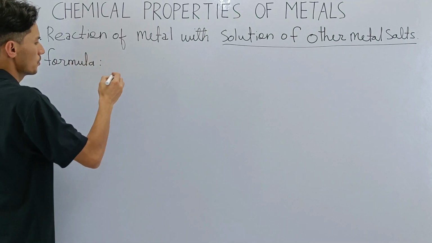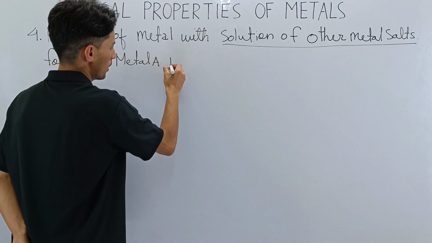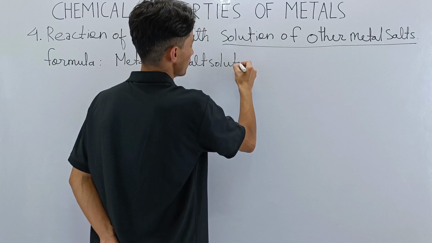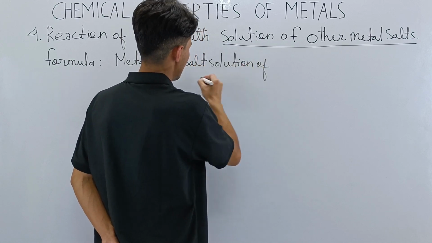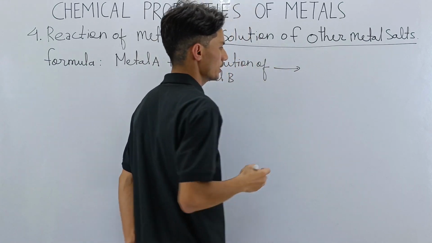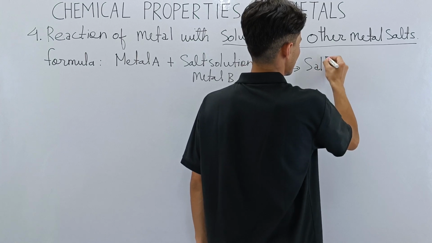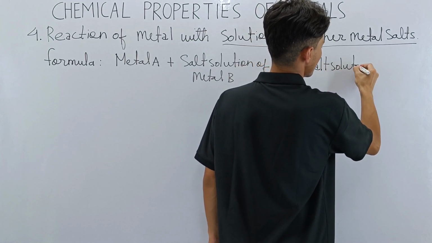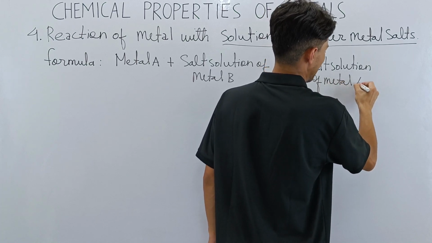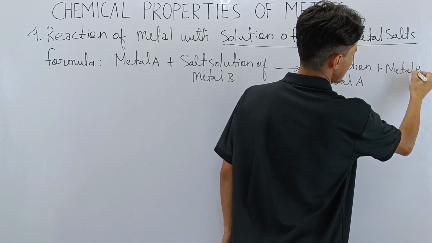What is the formula? So formula is metal A plus salt solution of metal B. What you'll get? You get salt solution of metal A plus metal B gets separated.